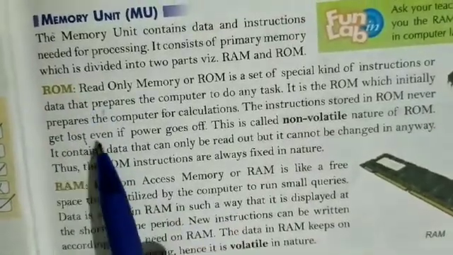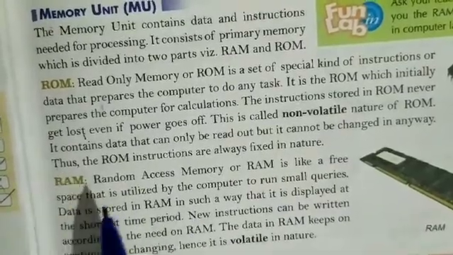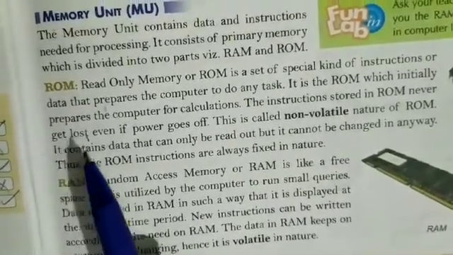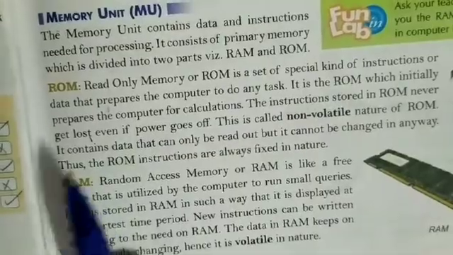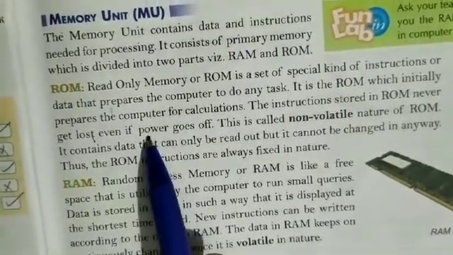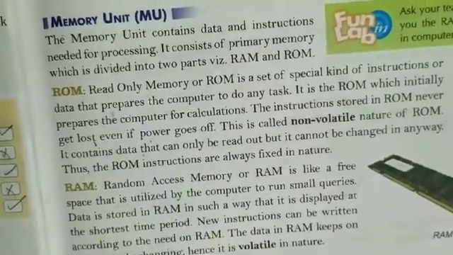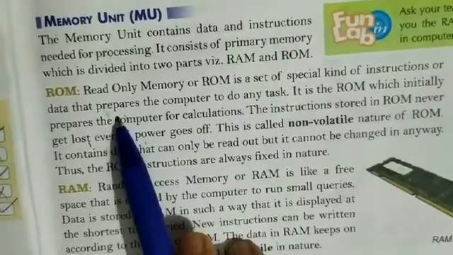ROM is of non-volatile nature. It means the instructions stored in ROM never get lost even when the power goes off. It is a permanent memory. Read-only memory is a permanent memory and it is non-volatile in nature.